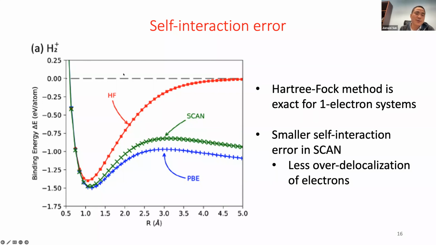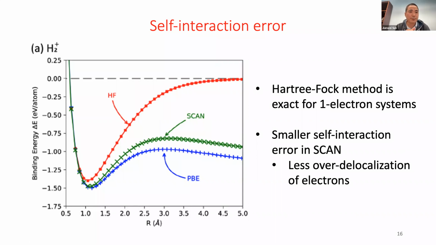H2 plus only has one electron, so you should not expect electron-electron correlation or electron-electron interaction. And the Hartree-Fock method is exact for a one-electron system. So this is the Hartree-Fock calculation of the binding energy curve. For H2 plus, you can stretch this H2 plus.